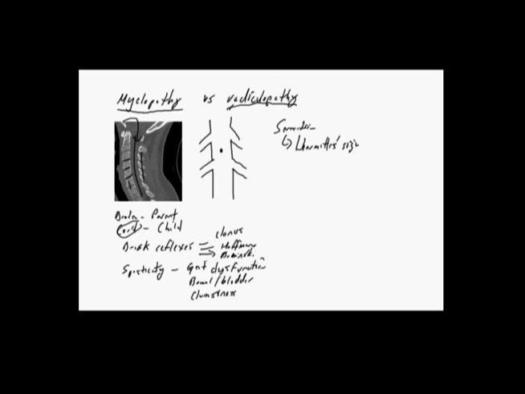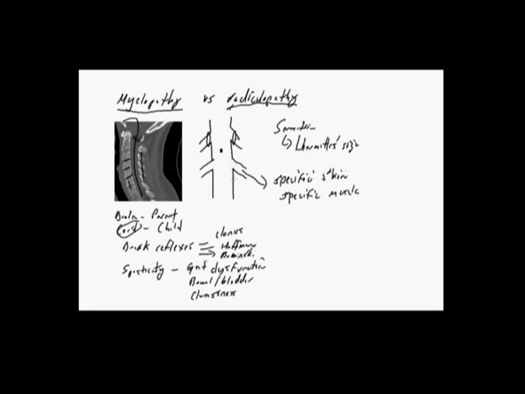And in radiculopathy, what's going on is that the nerve itself is what's being affected, so the nerve coming off of the spinal cord. And in radiculopathy, those nerves specifically are going to specific areas of the skin where they're supplying sensation, and to specific muscle groups, right?